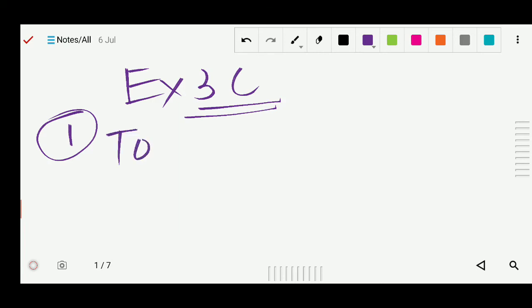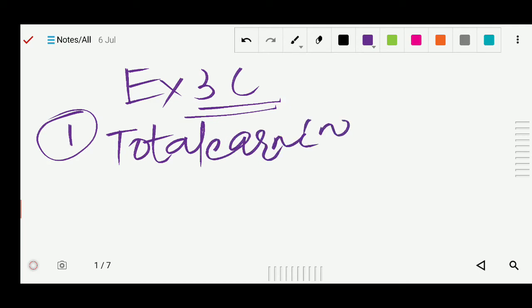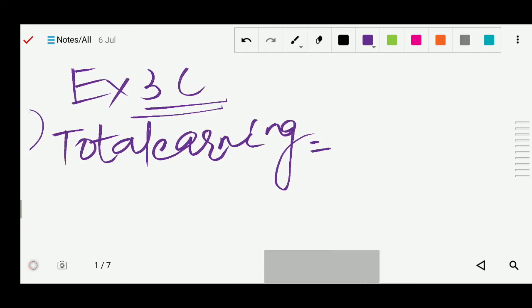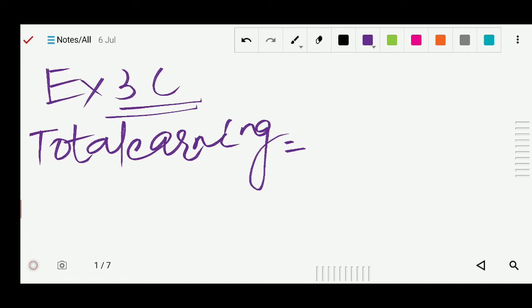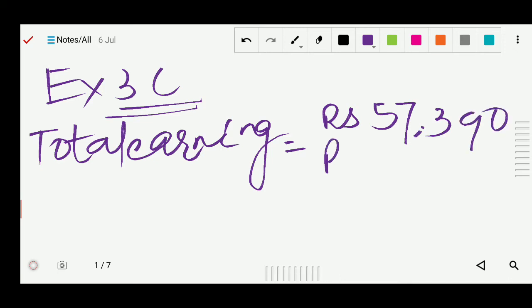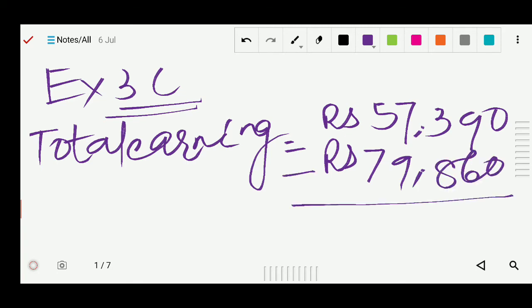So what will be the total earning? We can add the earning of both years, last year and this year. So what was that? Rupees last year 57,390, and here is 79,860, and we will add it.